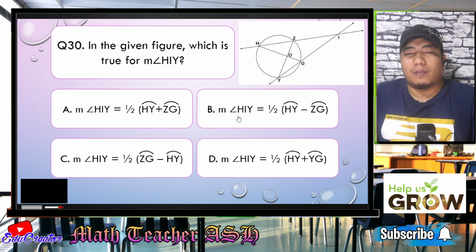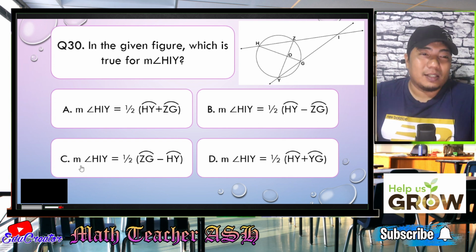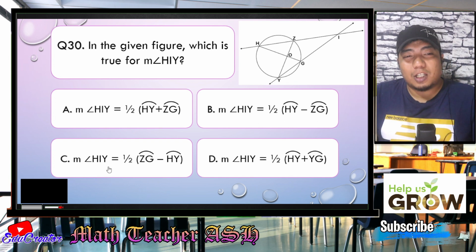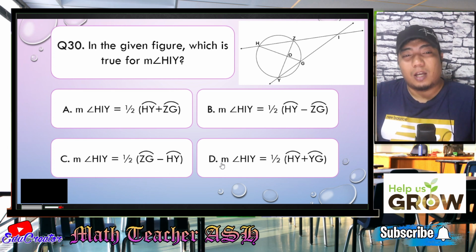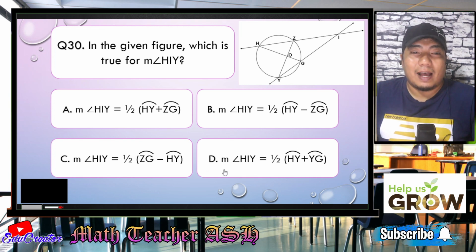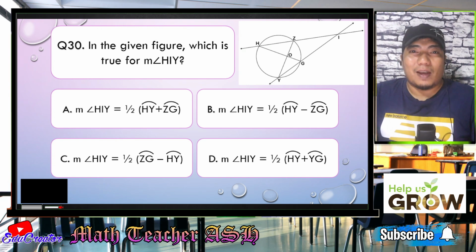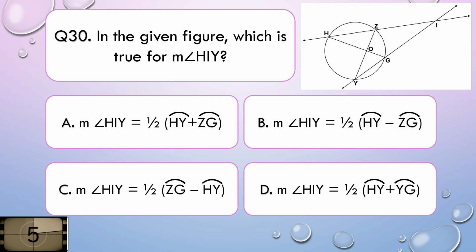B, the measurement of angle HIY is 1/2 the difference of HY and ZG? C, the measurement of angle HIY is equal to 1/2 the difference of ZG minus HY? Or D, the measurement of angle HIY is equal to 1/2 the sum of HY and YG? I'll give you 5 seconds to think about your answer.